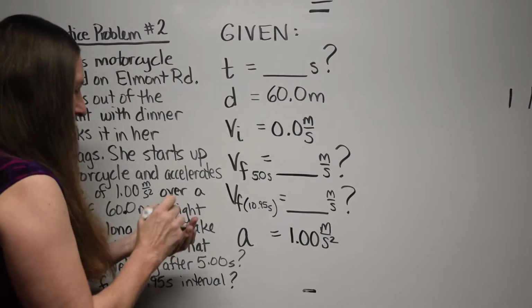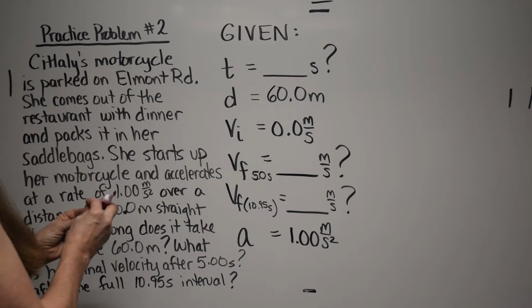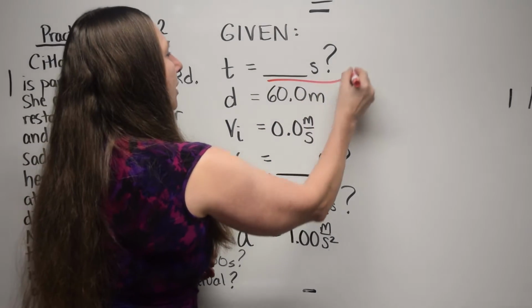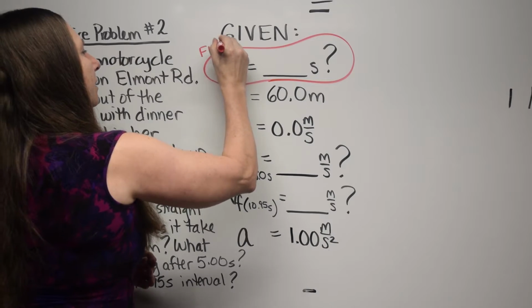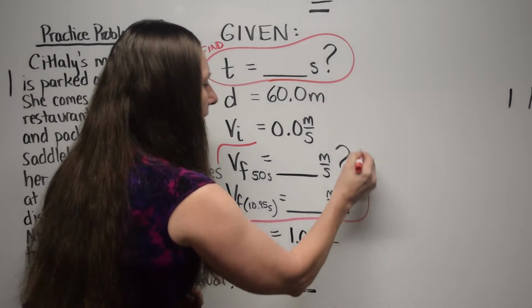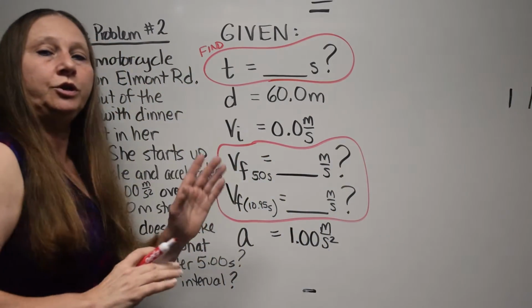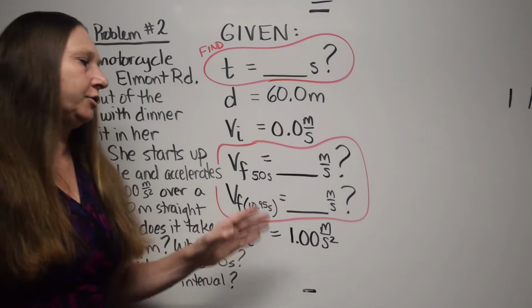So we've got a couple of things that we have to find here. We want to find the time probably first, and we want to find the final velocity at 2 different times. Now, what you want to understand here is she's accelerating, so she's going faster and faster and faster.